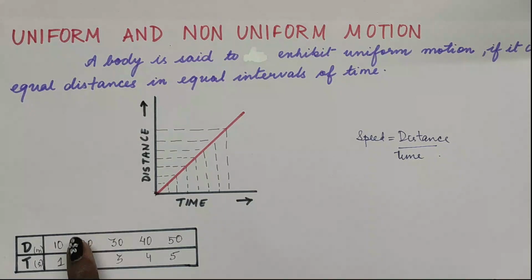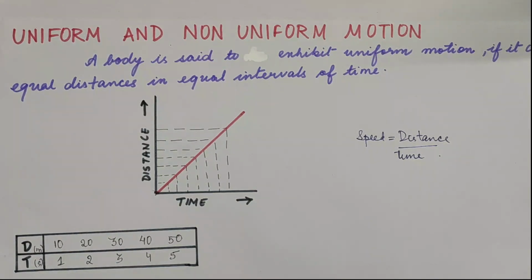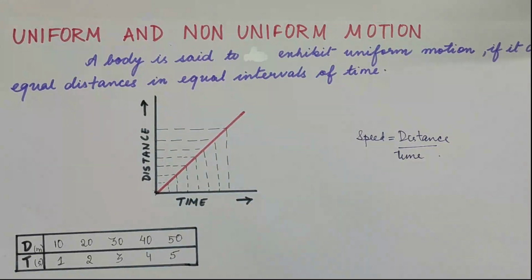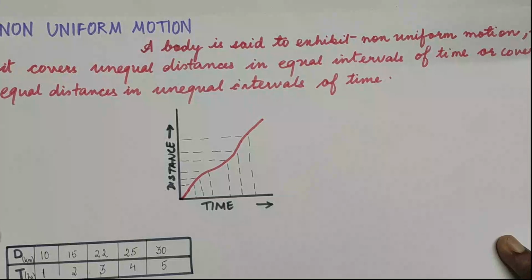So equal distance in equal interval of time means a body exhibits uniform motion. If anyone asks you to draw a graph showing uniform motion, it looks like a straight increasing line.